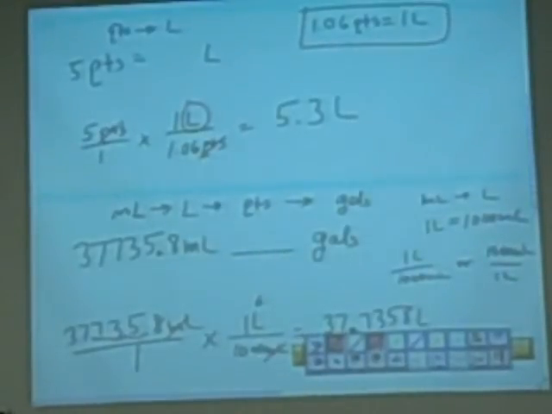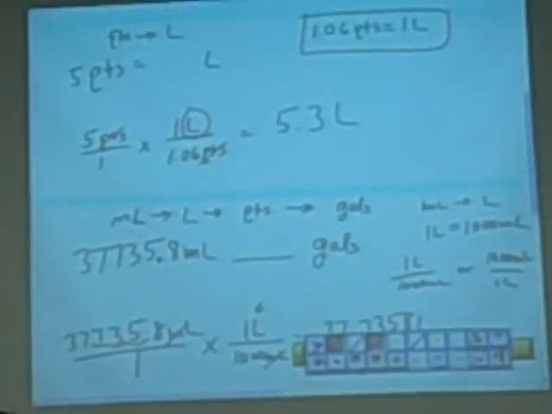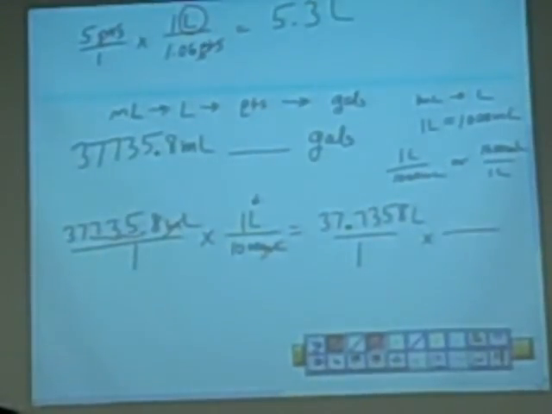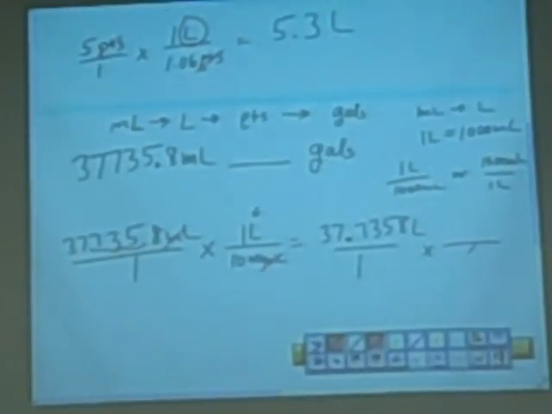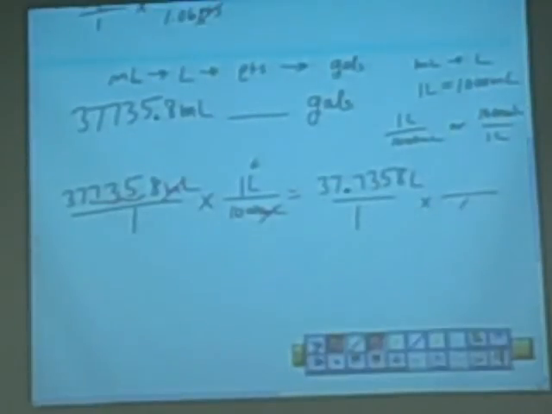So we're going to put that 1.06. Is that 1.06 going to be in the numerator? What's going to go in the denominator? The liters are going to go in the denominator. So that's 1 liter in the denominator, 1.06 quarts in the numerator.